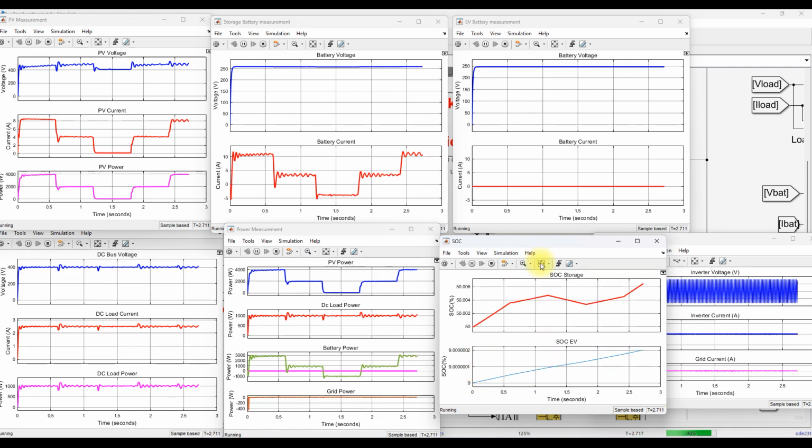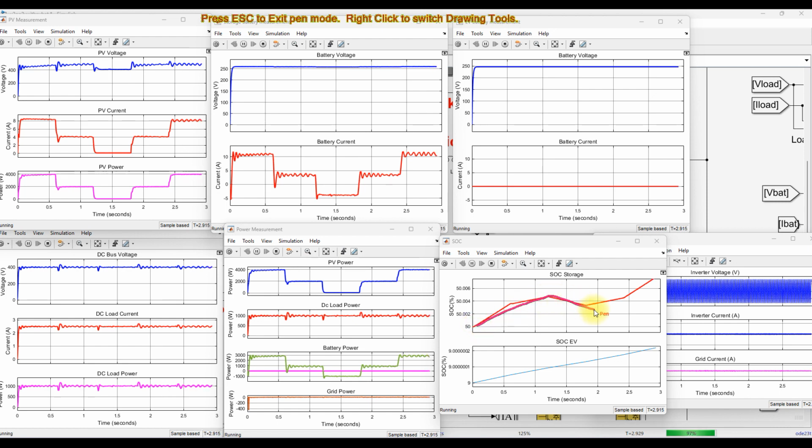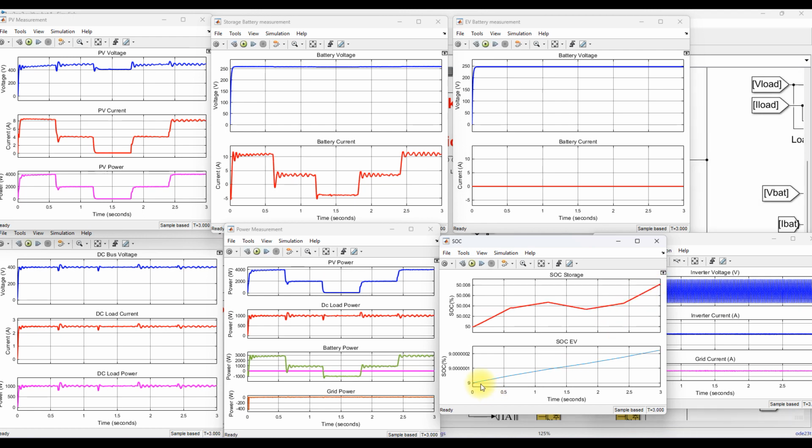The storage battery is first in charging mode, then discharging mode, again going for charging. You cannot see the change at 9%, because the charging rate is around 0.001 only, it is minimum. So it is maintained at 9% only.